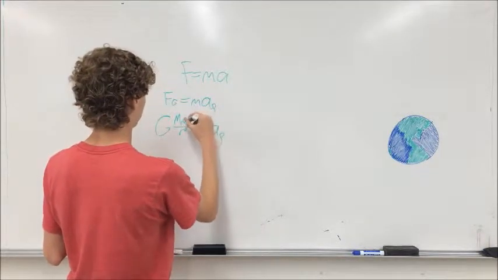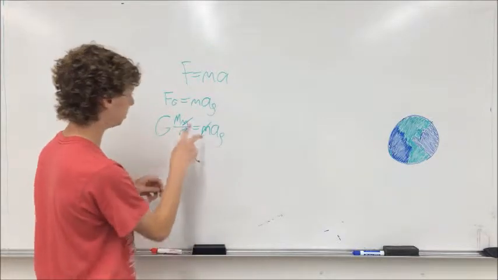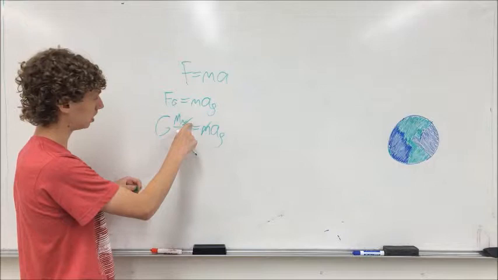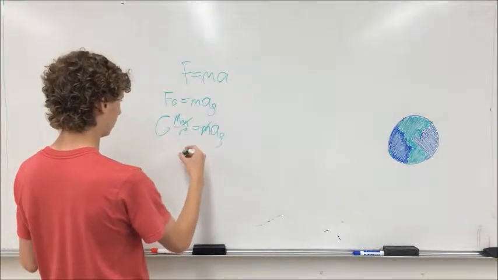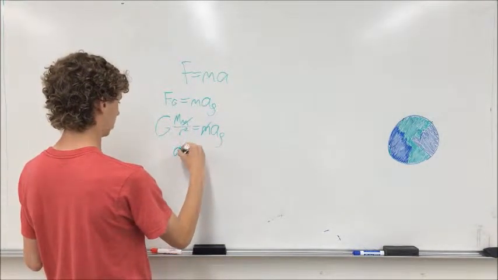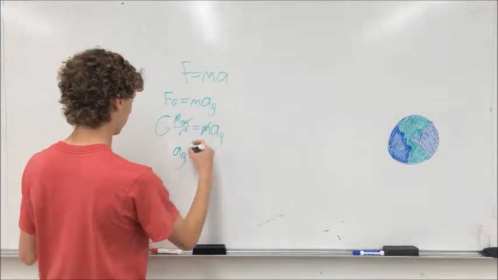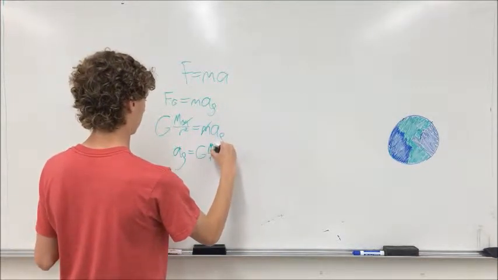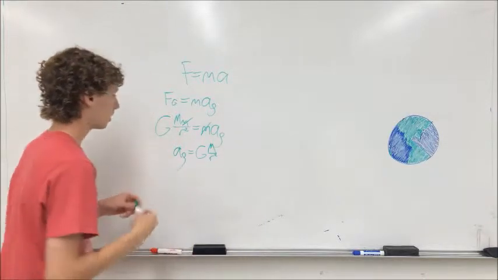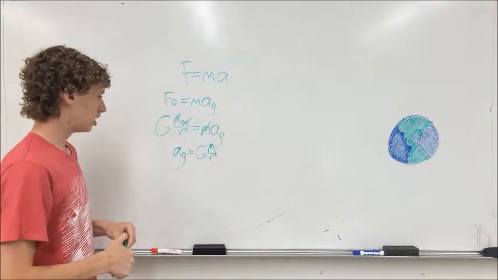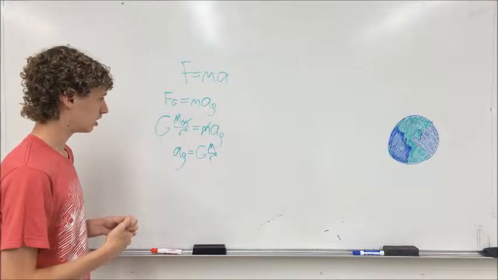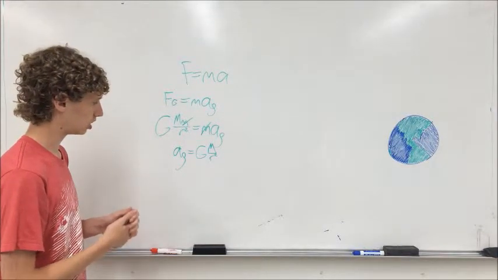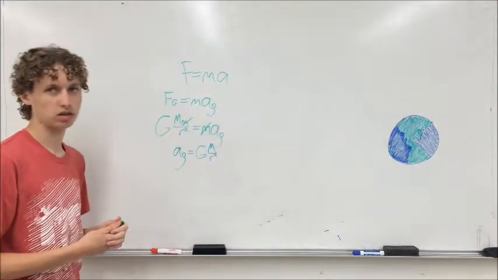These little m's cross off because this mass here is the same as the mass of the smaller object in that gravitational system. You have left the gravitational acceleration, that's an a, ignore my handwriting, is equal to big G M over r squared. So to find the acceleration due to gravity, the mass of the smaller object does not matter, just like in any other situation on Earth or anywhere.